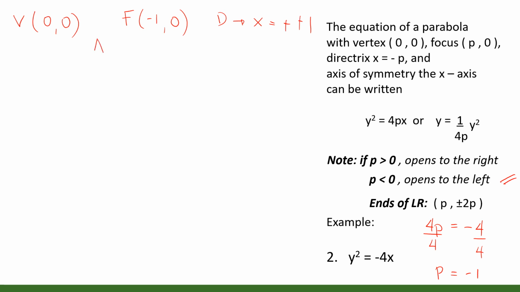The axis of symmetry is the x-axis. And the ends of the latus rectum coordinates, what are the coordinates? We have p, so negative 1, and then plus minus 2p, so 2 times 1 is 2. So it's negative 1, plus minus 2.